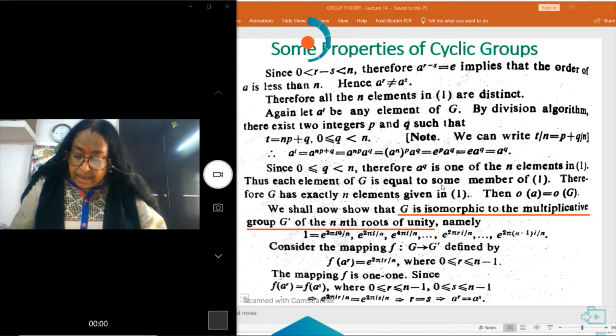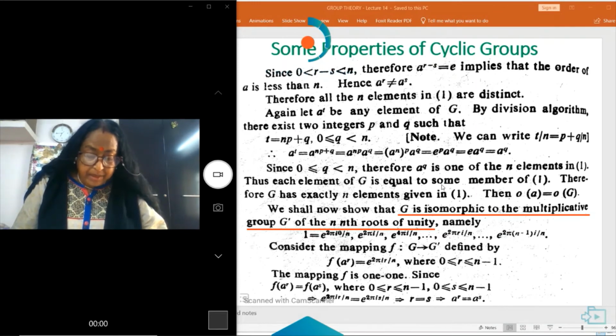Now, let G dash be the set of e to the power 2 pi i r by n, that is, e to the power 2 pi i 1 by n, 2 pi i 2 by n, and so on.